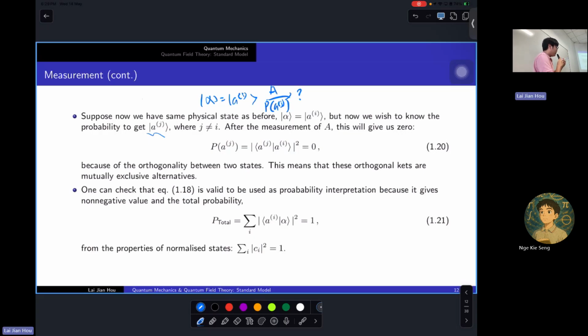Because of the orthogonality between the two states that we assumed before, when we take the inner product between these two eigenkets, this gives us 0. In that sense, these two states in the physical world are orthogonal to each other.